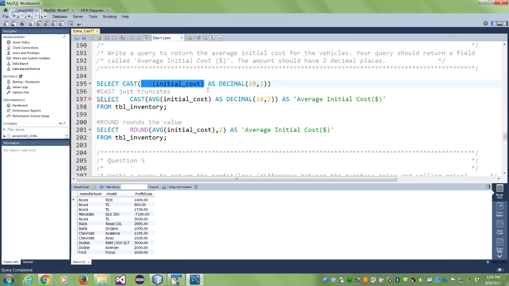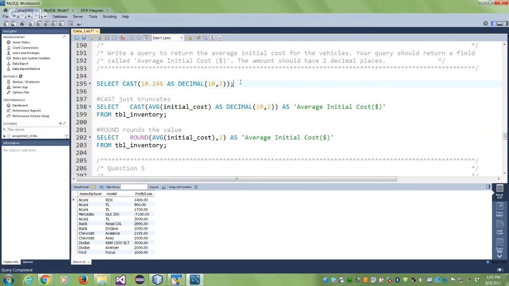I can take a value of 10.246, and I want to cast it as a decimal. And I'll take the same thing and I'll put a round here. This is how you can check. I don't want to leave anything in the air, so we'll do these 2. I'm just doing a select.